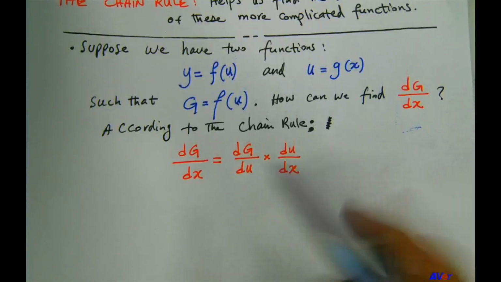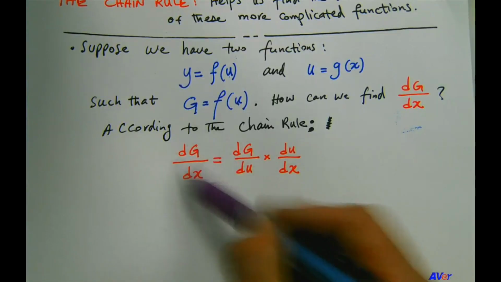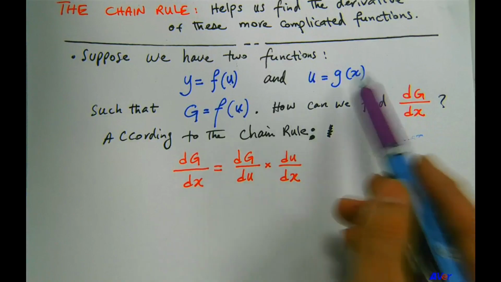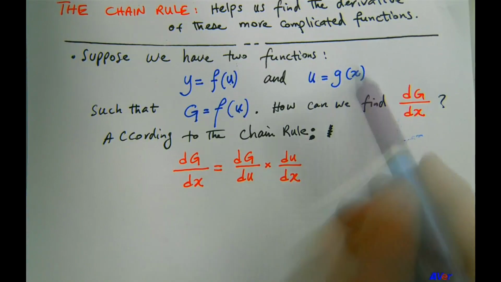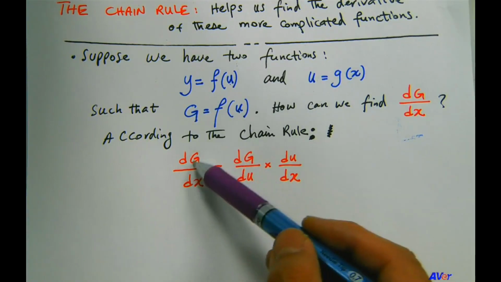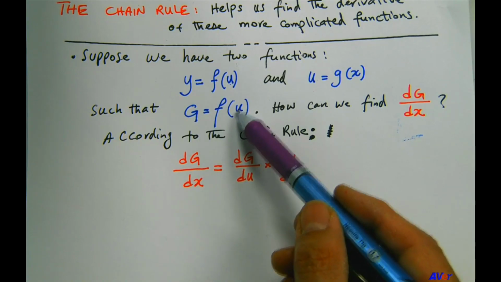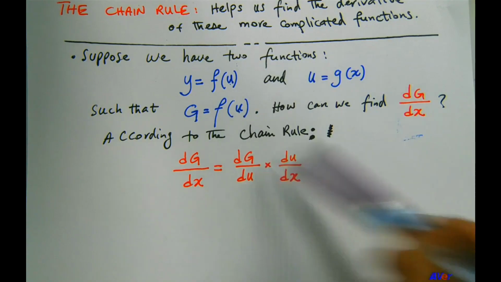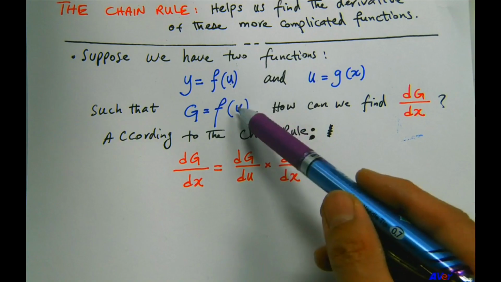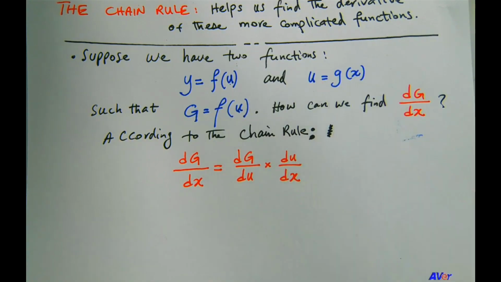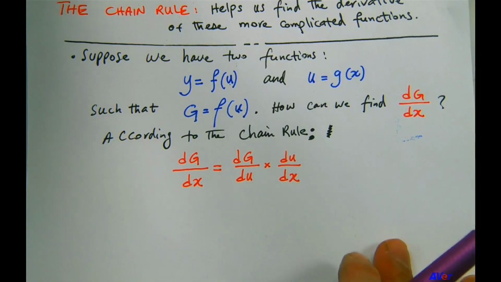If this is our ultimate goal, to find the derivative of G with respect to x, first we find the derivative of function G with respect to the variable u, which is directly connected to G, then multiply that by the derivative of function u with respect to variable x, to which function u is directly related.